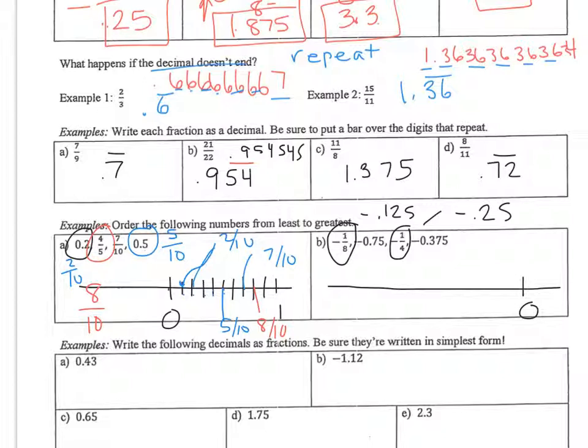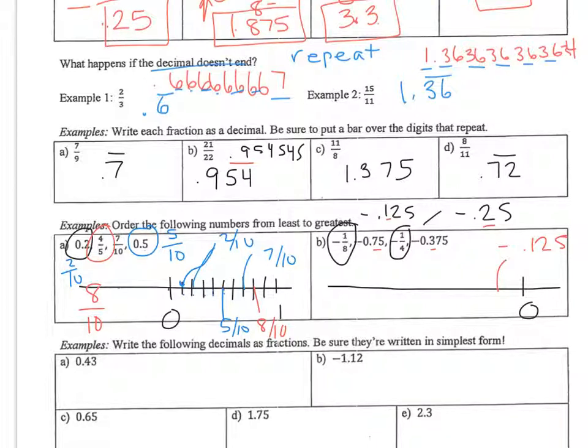So which of these is the closest to 0? So which one is kind of like the least negative? So if I look at all the tenths positions, I have a 1, I have a 7, I have a 2, and I have a 3. So the one with the lowest number in the next position over is going to be negative 0.125.